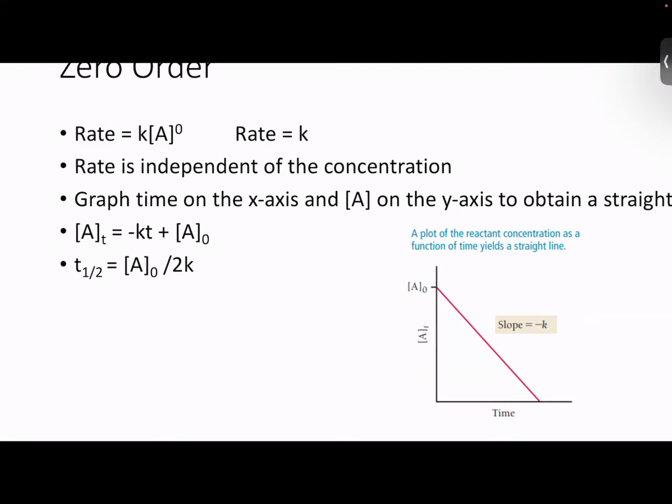That is equal to the slope of the line times the x-axis, which is time, plus the y-intercept. And in this case, the y-intercept is going to be equal to the original concentration of your solution.